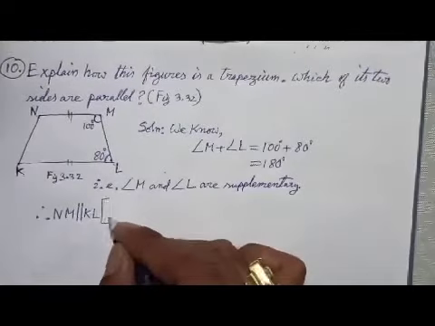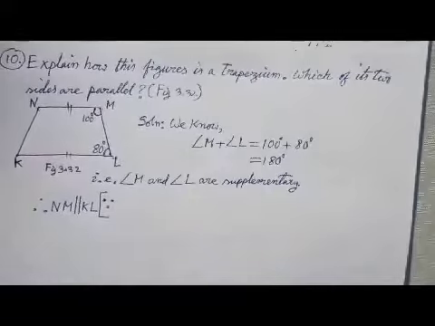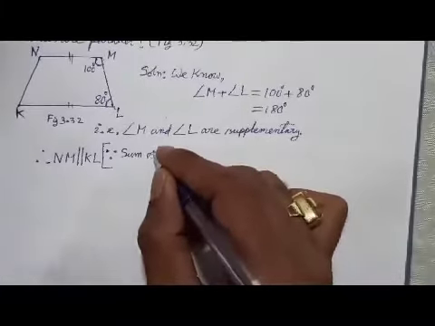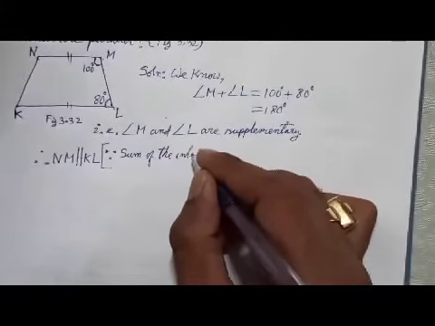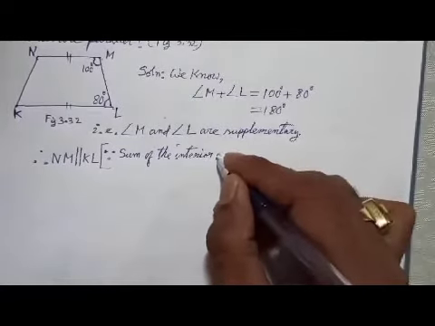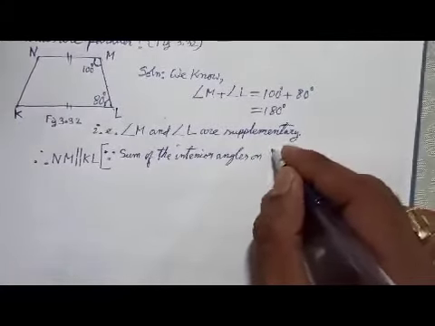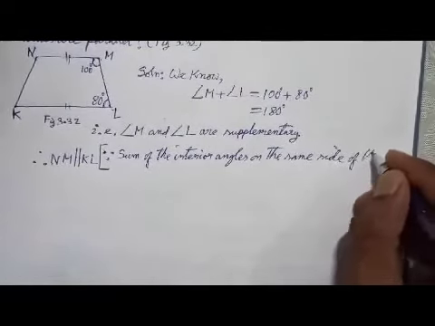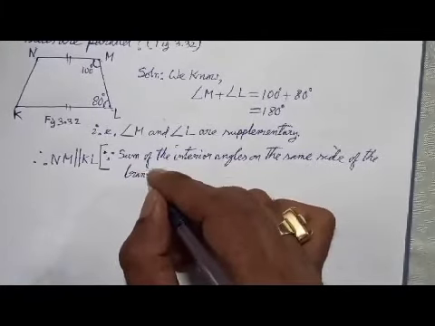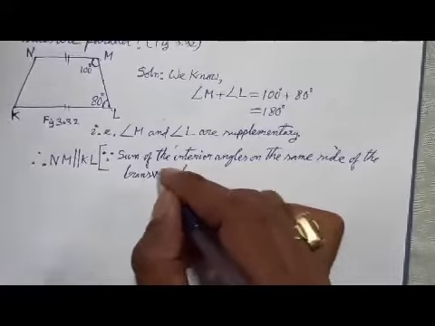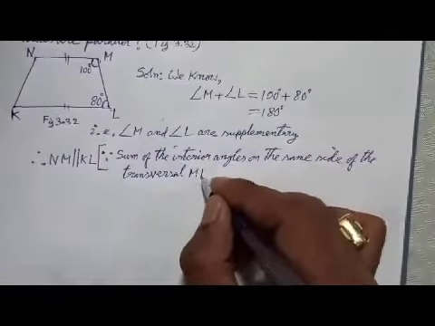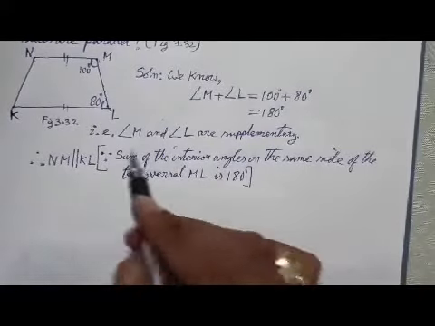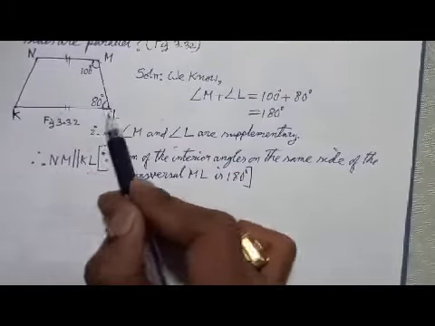Here is the reason: since the sum of the interior angles on the same side of the transversal ML is 180 degrees, this NM line and KL line are parallel.